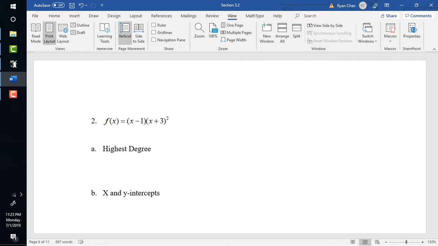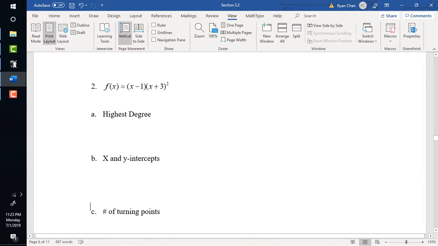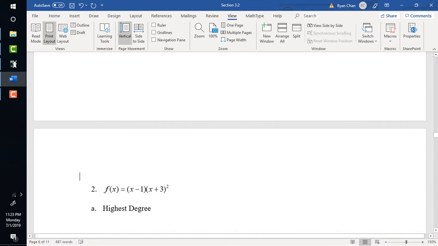We are going to converge all these prior topics: highest degree, my power function, my zeros, my turning points, and all that stuff, and talk about how to approximate a graph. So you'll have a problem like this here, and you want to make sure you know how to summarize all these and then make an approximate graph for the following.